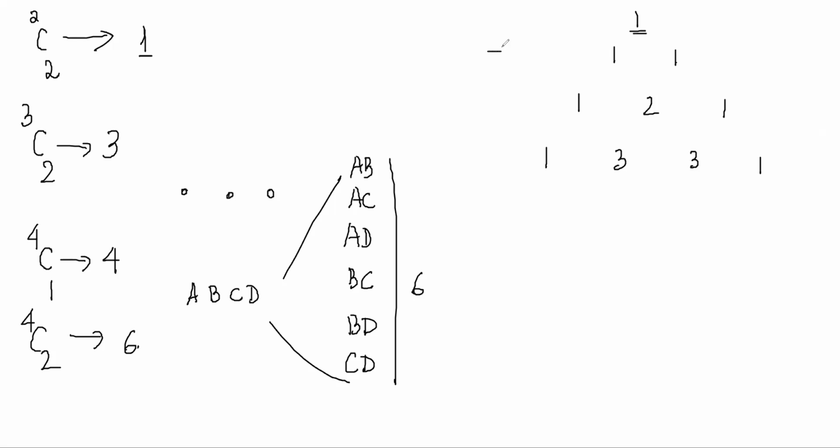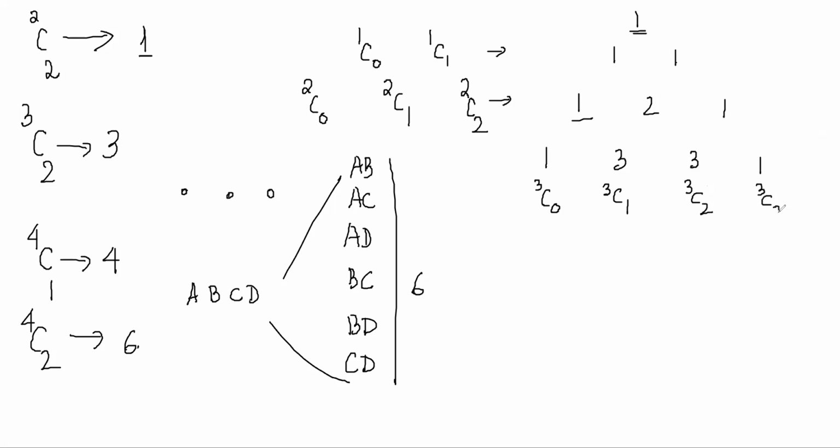So the second row is basically 1C0, 1C1, both of them are 1, right? Third row is basically 2C0, 2C1, and 2C2. And this row is 3C0, 3C1, 3C2, and 3C3.